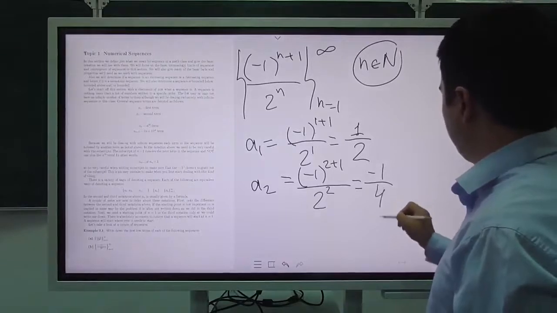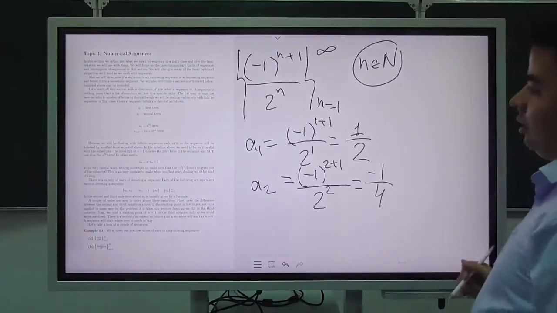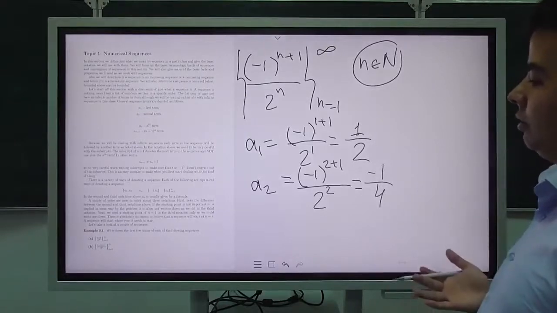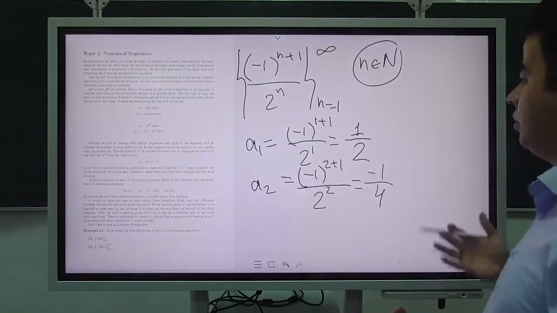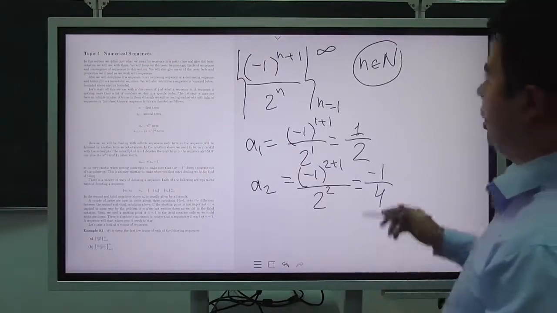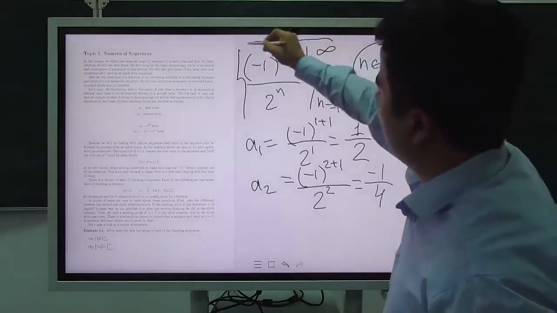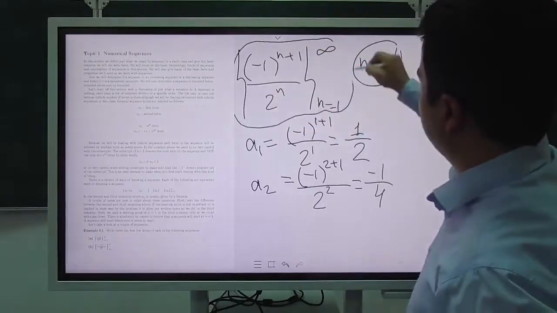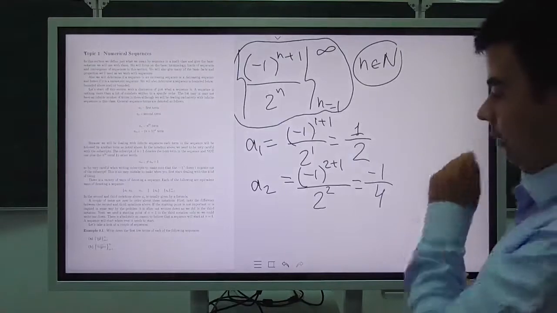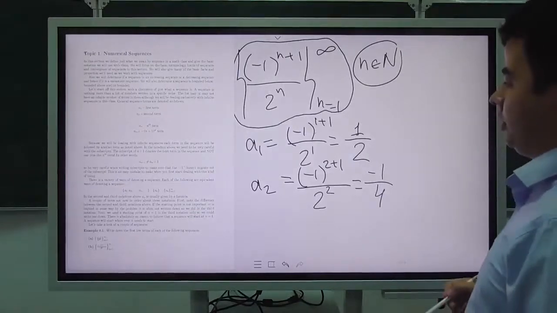So it is 4. Minus 1 over 4. So this is how to write down a few terms of a sequence if we have the general term of a sequence. Now, let's continue.